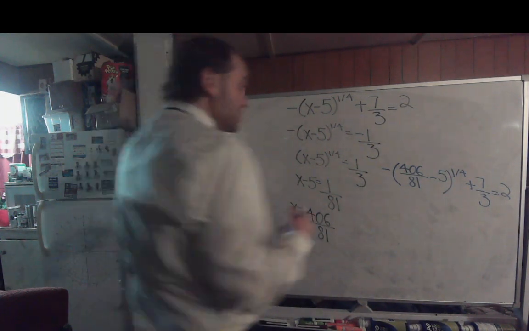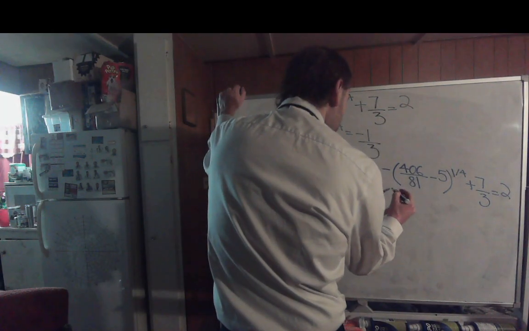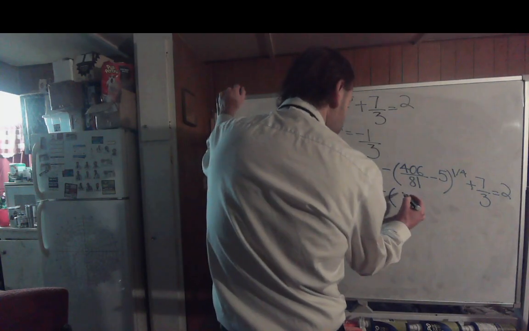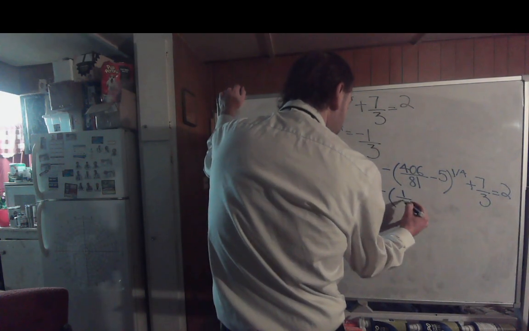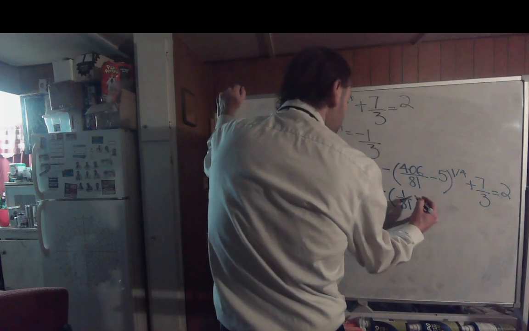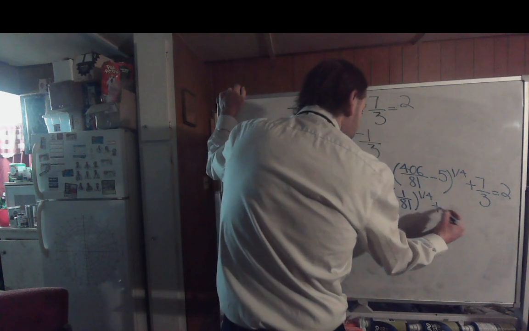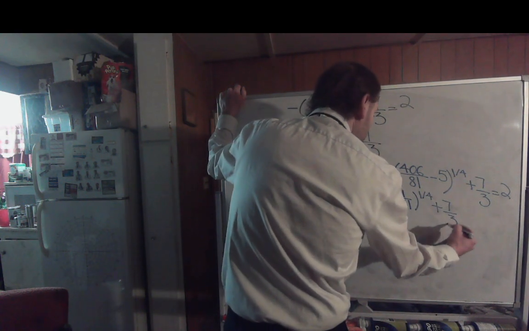All right, so we have the negative of, let's see, this would end up being 1/81 to the 1/4 plus 7/3 equals 2.